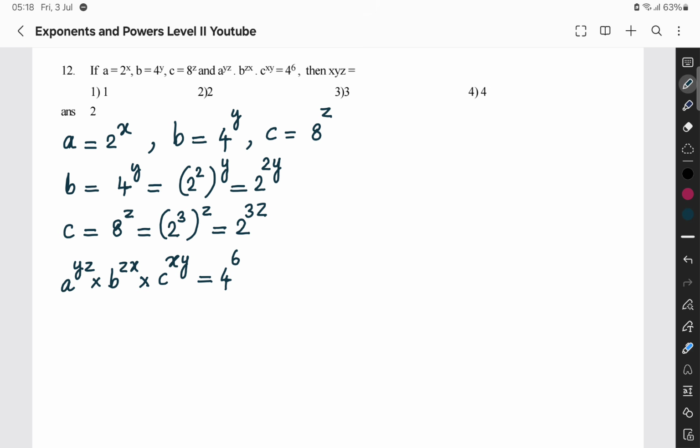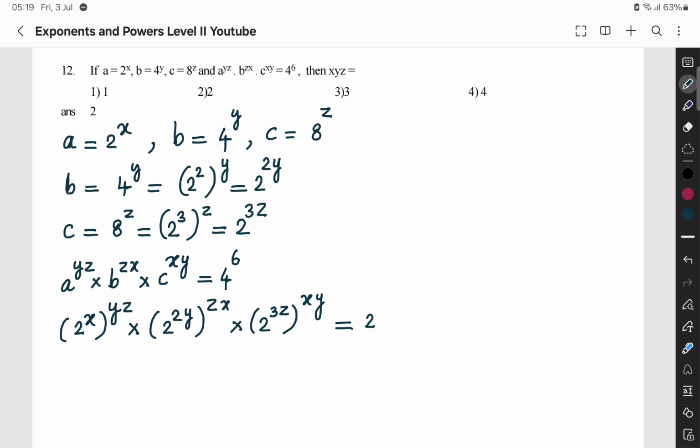So, I will write a as 2 power x whole power y, b as 2 power 2y whole power zx, c as 2 power 3z whole power xy is equal to 2 square whole to the power of 6.